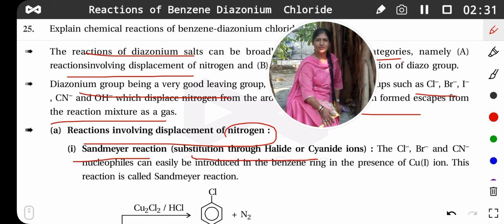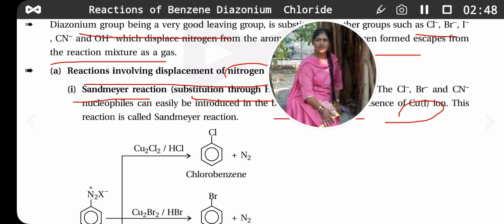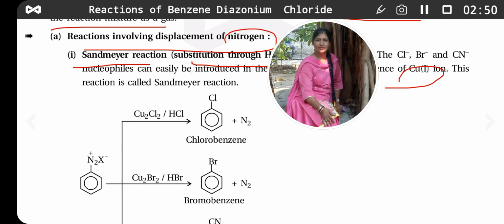These all act as nucleophiles and are easily introduced in the benzene ring in the presence of Cu ions. That's why this reaction is known as Sandmeyer's reaction. You can easily check this reaction here, here you can go through it.